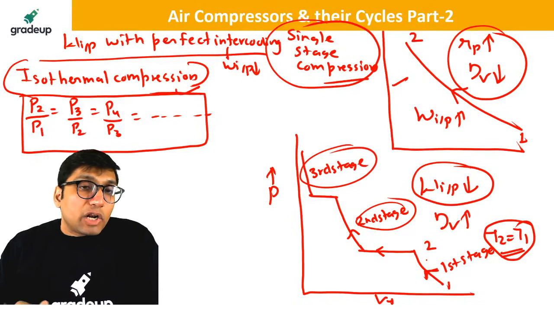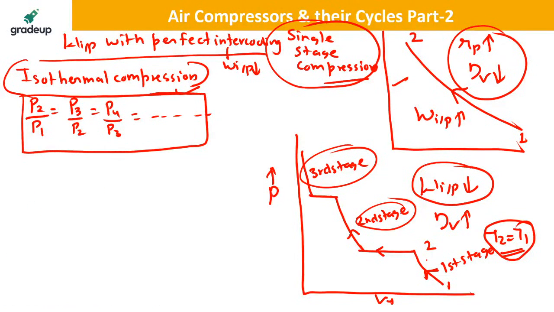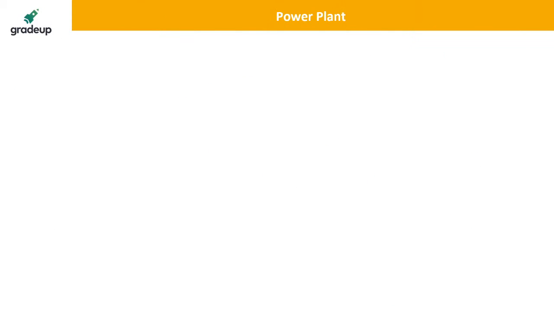So in the case of perfect intercooling, we have a derivation, which I have to tell you. So what is that derivation?